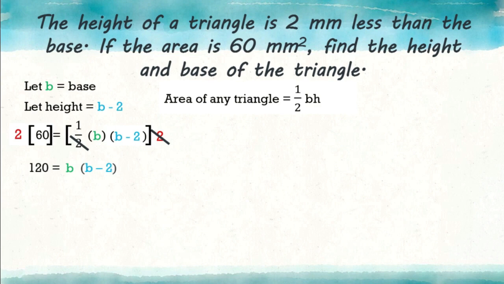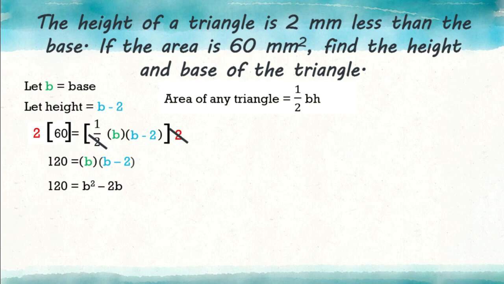And then simplify. We have to apply distributive property. We will distribute b to b minus 2. So, b times b is b squared. And then, negative 2 times b is negative 2b. So, we will have 120 equals b squared minus 2b. We will use additive inverse again.